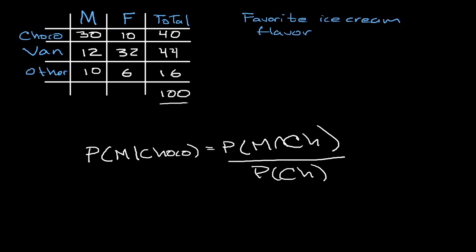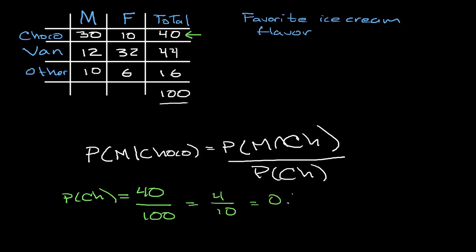So let's compute this. The probability of having chocolate as your favorite ice cream flavor is just taking all of the people who like chocolate and dividing it by the total amount of people. This is just 4/10, or 0.4.